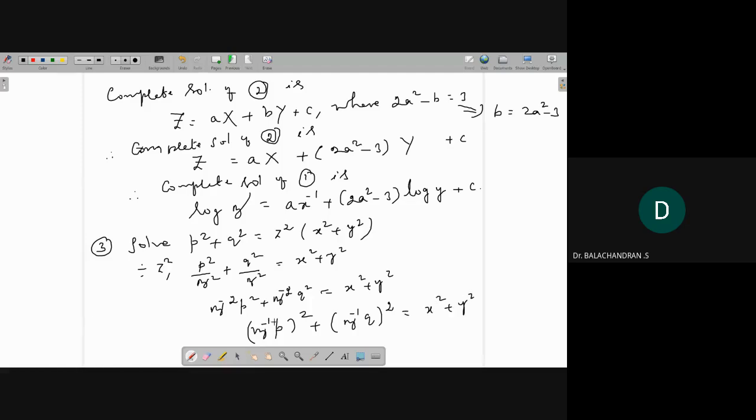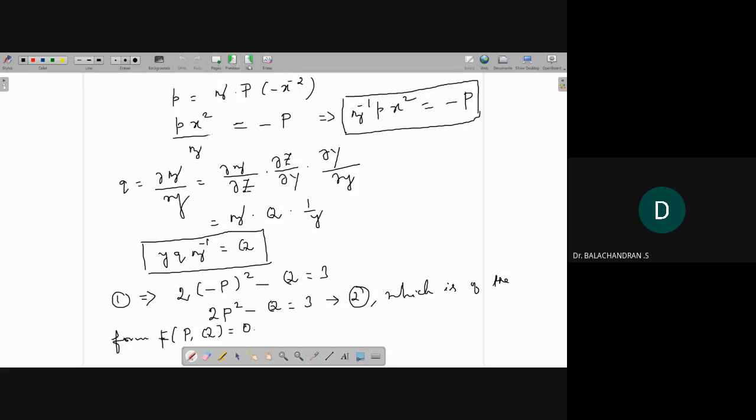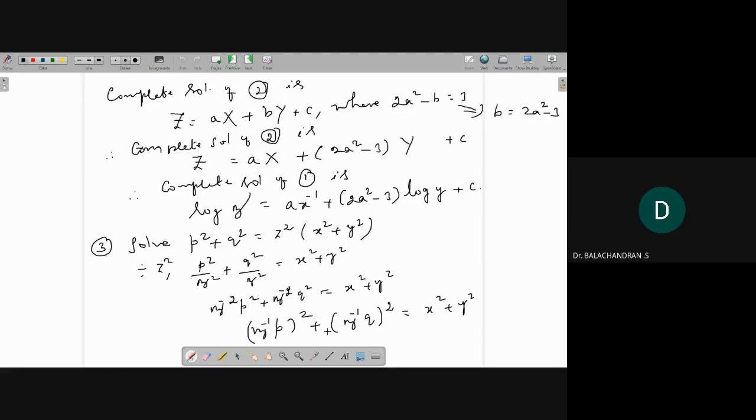Okay, now for this problem, what is k? K equal to -1. What is the substitution you will choose for z? Log Z. If you give this substitution, this equation reduces to which type out of 4 types?